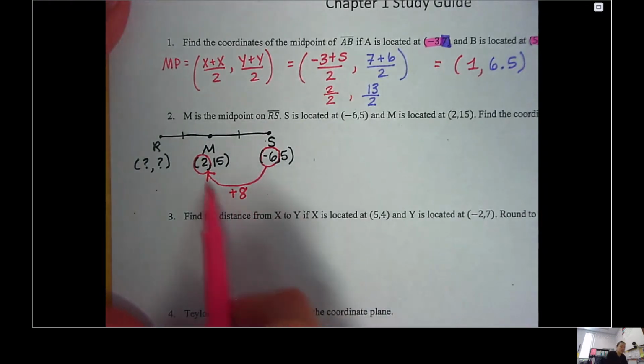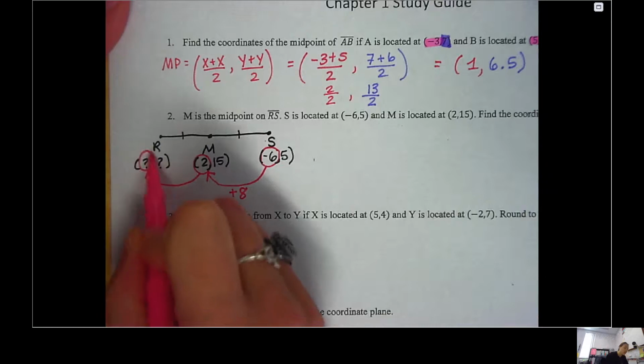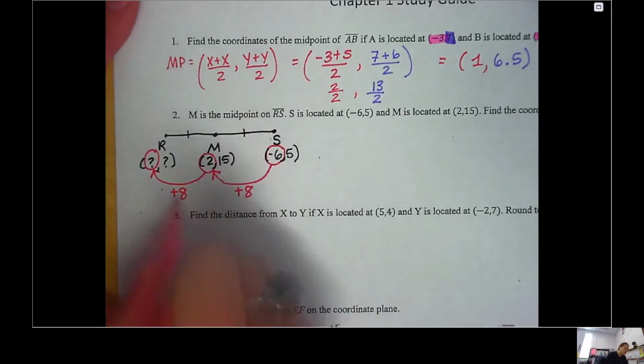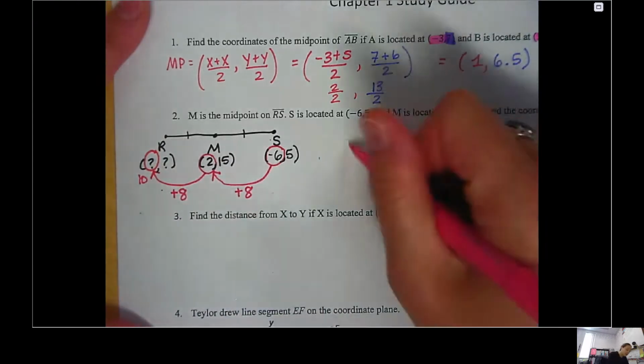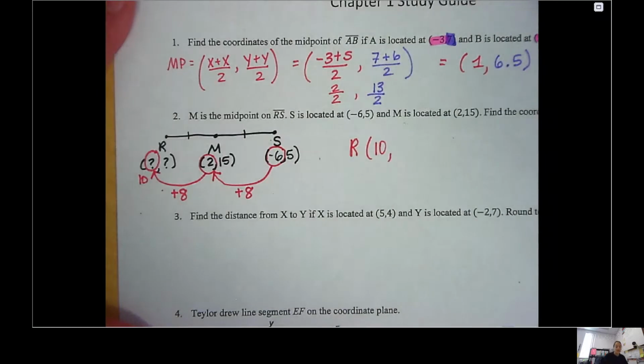If I moved 8 positive units with the x over here, I better do the exact same thing to get my x coordinate here. So I add 8: 2 plus 8 gives me 10. For R, your x coordinate is 10. Now I'll do the exact same thing with my y values.